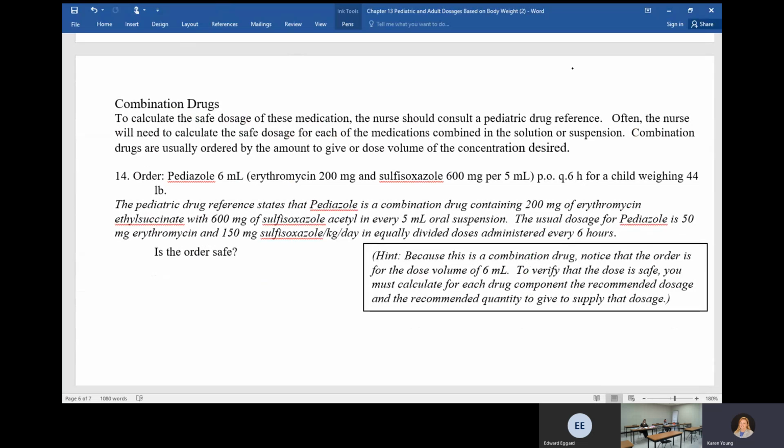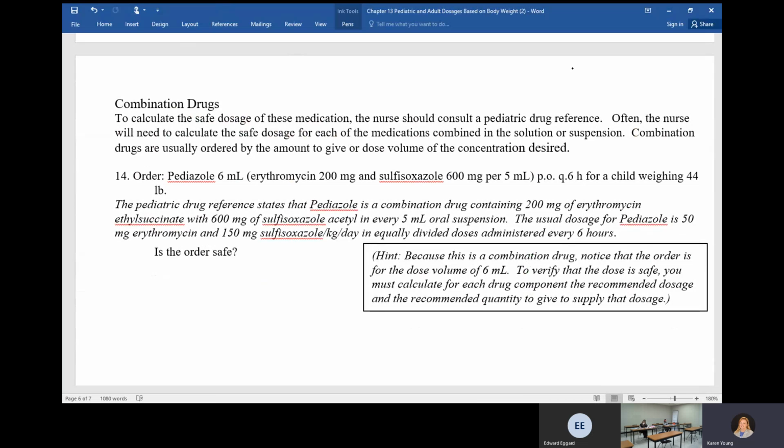The hydrocodones have 2 different types. The codeine 3 or the Tylenol 3s, or codeine and Tylenol. This one is erythromycin, and they're 2 different types of medication.